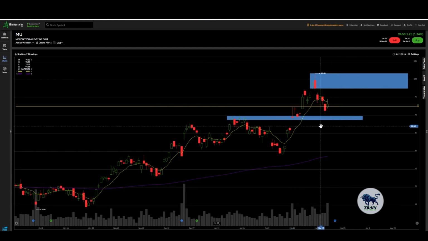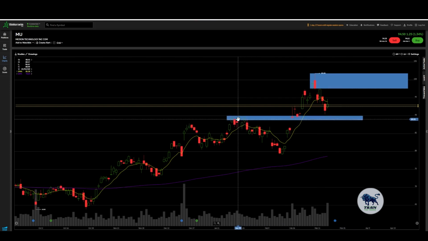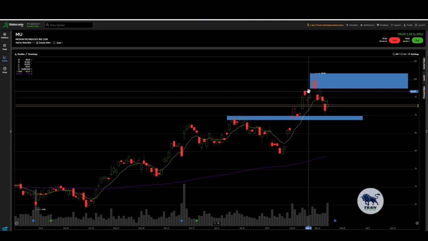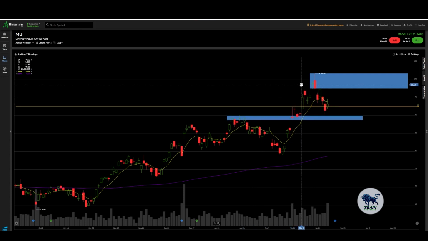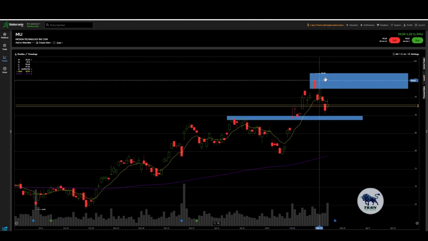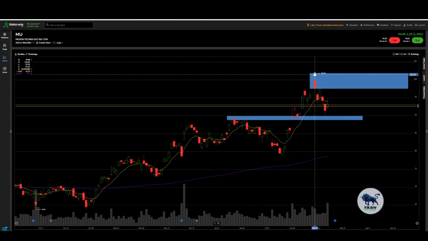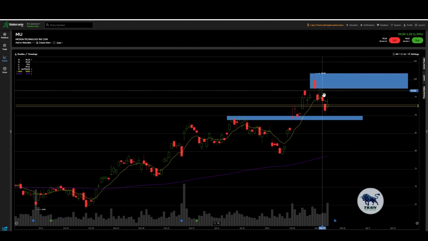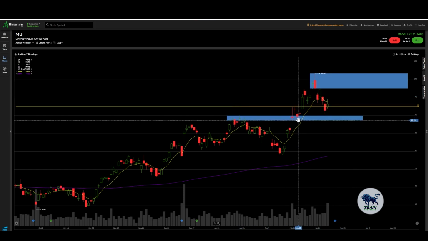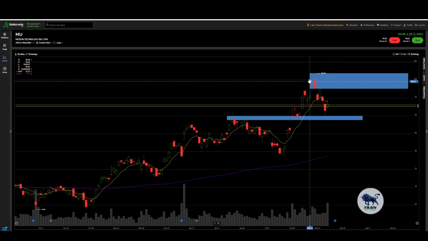So, how do you want to think about supply and demand? We demand more as people. So demand zones are always at the bottom because we're demanding more. They want to supply us with less. So supply zones are at the top. Supply less, demand more.